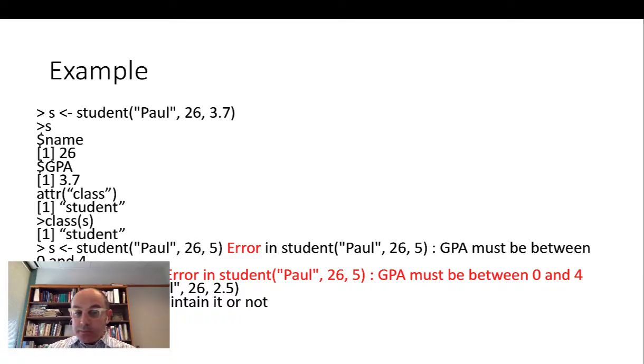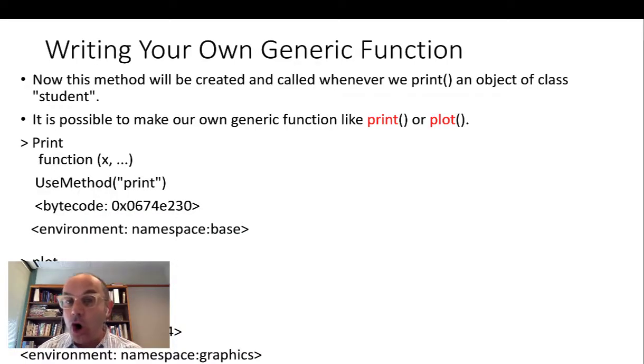So this is where we are going to start writing functions. Now this method will create and call whatever we print an object, which we will call a class of students. It is possible to make a generic function like print or plot, in this case a print function or a plot function or a use method, and so on.